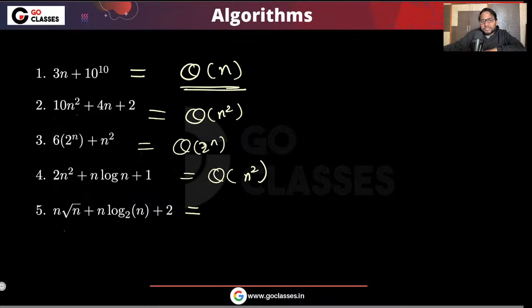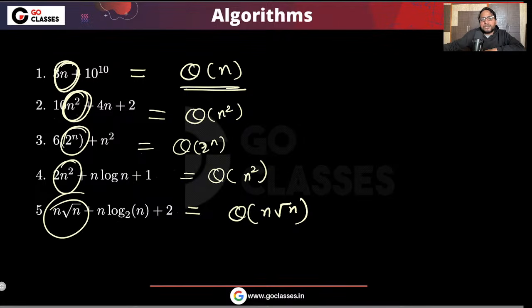So what is the most significant term here? We will see that it is n root n. We will see a little later why n root n is greater than n log n. But these are the thetas. Let me know if you have understood how to write theta. Theta is just the most significant term.